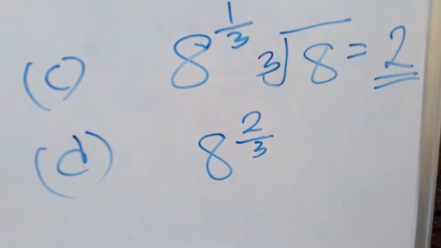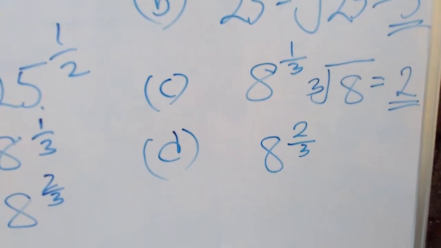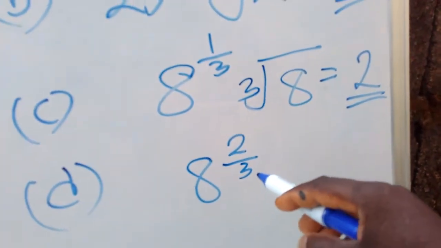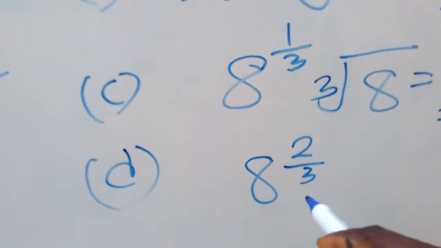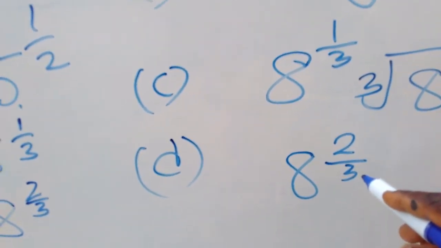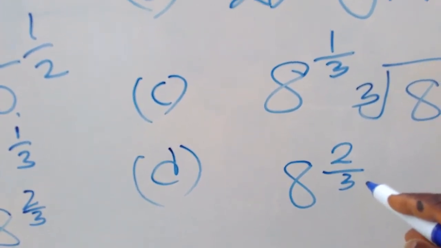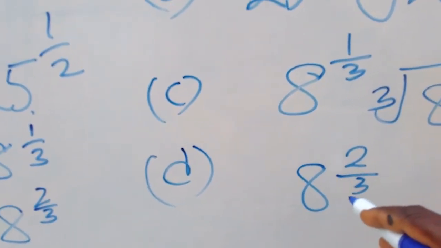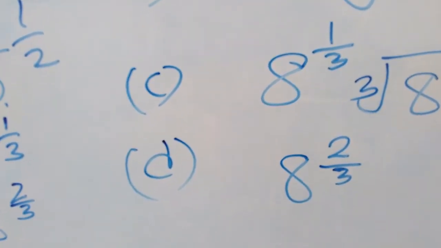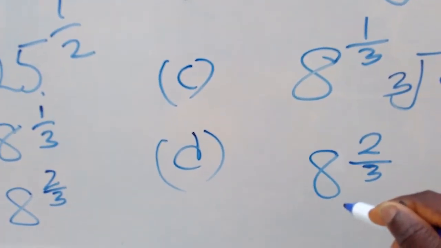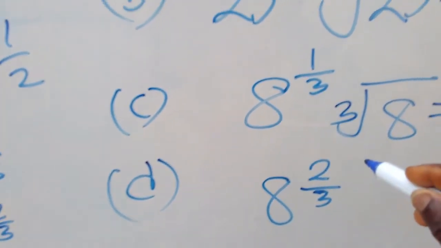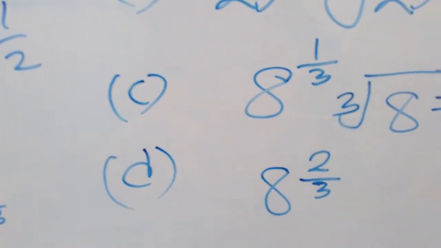So now, like I said, this is still the sixth law of indices: when you have a fraction like this, you find the root. The denominator of the indices becomes the root, and the numerator will be the power.